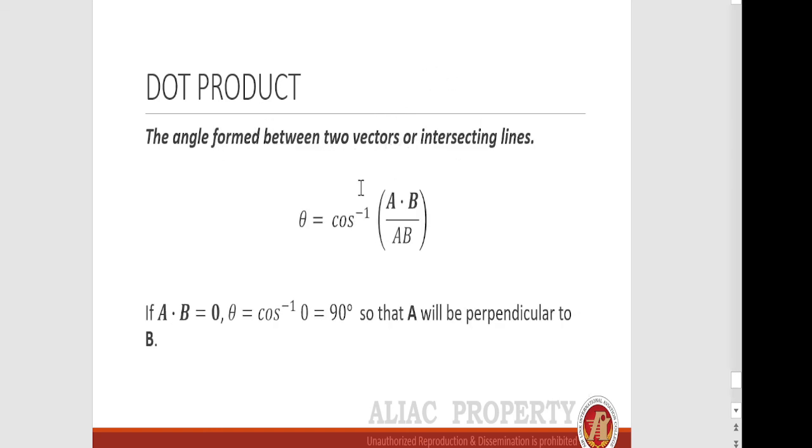The angle between two vectors or intersecting lines can be found using theta equals cos inverse of A dot B divided by the magnitudes of A and B. If A dot B equals 0, theta equals cos inverse 0, which is 90 degrees, so A is perpendicular to B.